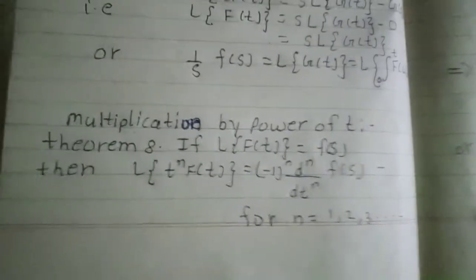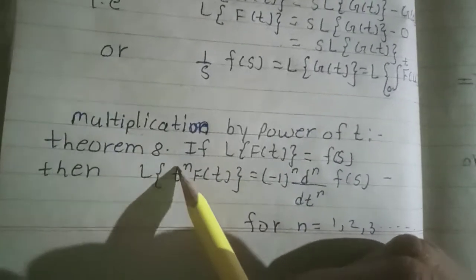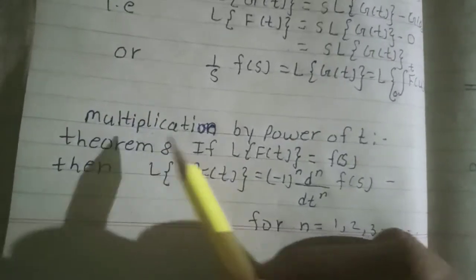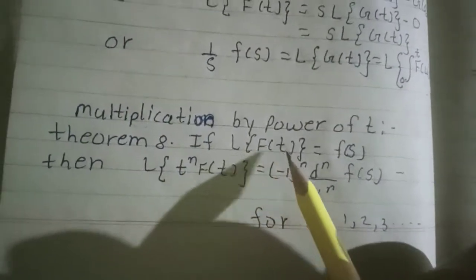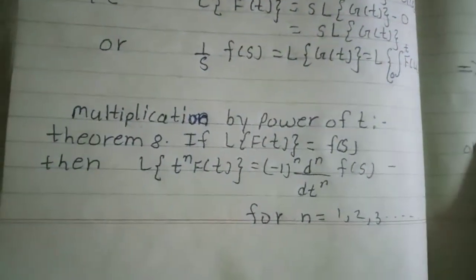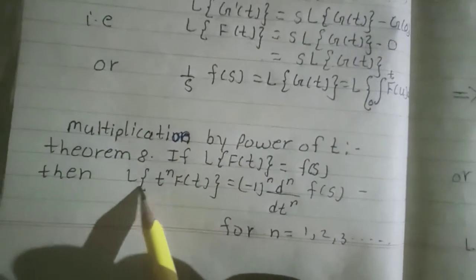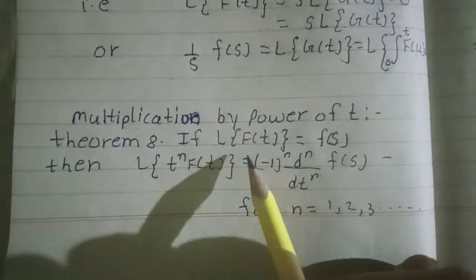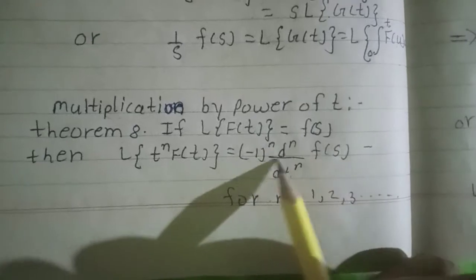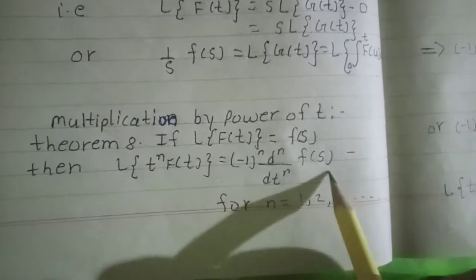This theorem is about power of t, t raised to n. If the Laplace transform of f of t is equal to f of s, then the Laplace transform of t raised to n f of t is equal to minus 1 raised to n, d n by ds raised to n of f of s. We have to prove this.